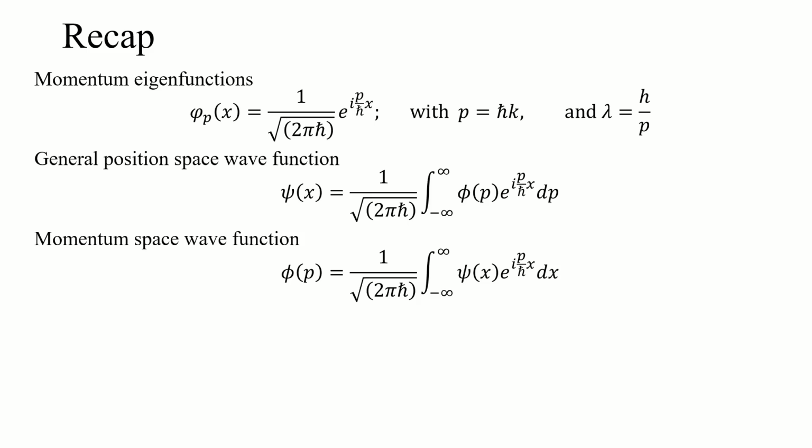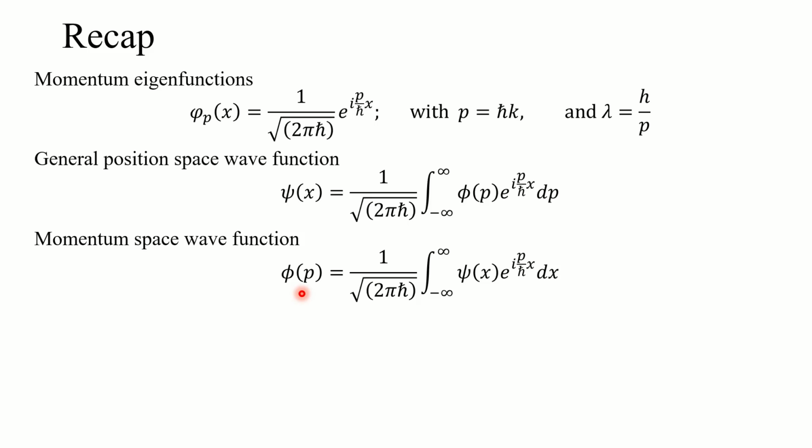So what are we actually looking at here? The position space wave function, if you remember, is essentially the probability amplitudes of that particle you're describing being found at that position x, and it's a continuous function of x because x is a continuous variable that you could measure the position of a particle at.